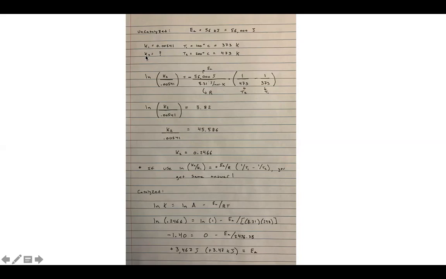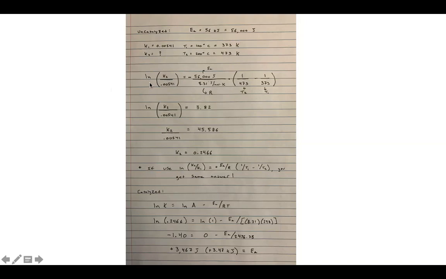Now we also ran this reaction, or theoretically would run this reaction, at 200 degrees Celsius, which is 473 Kelvin. But we are not sure what the rate constant is at that temperature. And so we can use this formula to help us solve for that K2, right?